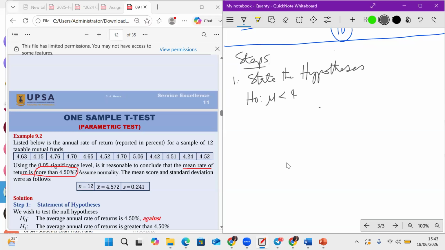Less than 4.5%. Then the alternative, it says using the significance level, it is reasonable to conclude that the mean rate is more than 4.5. So the alternative is what? The mean rate is more than what? 4.5. What are we testing? Let's see what they did.